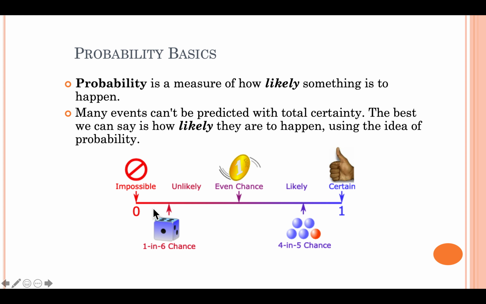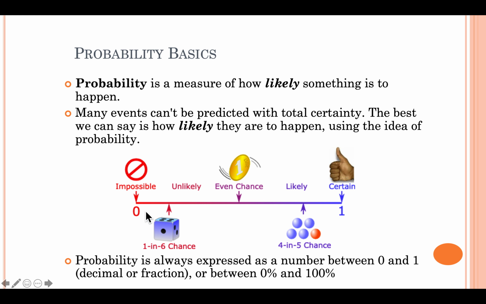For example, 0.05 is a probability that is unlikely, whereas if we get closer to 1, 0.95 for example, we have something that is more likely to happen. So probability is a numerical measurement between 0 and 1, where numbers close to 0 are unlikely, while numbers close to 1 are likely to happen.